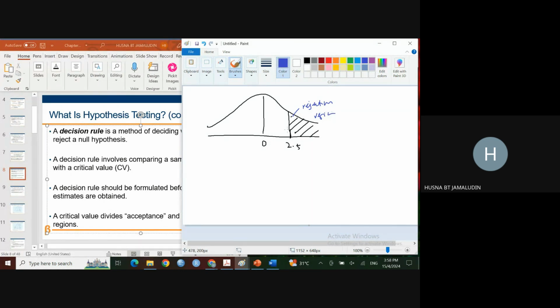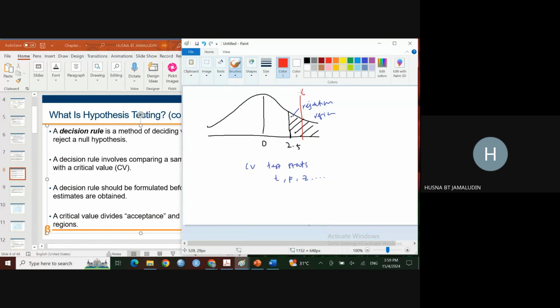Remember, you want to compare your critical value with the test statistic. Test statistics could be many tests: you can have T, F, Z, and other things. For example, your test statistic, this is your T test, falls somewhere inside the rejection region.